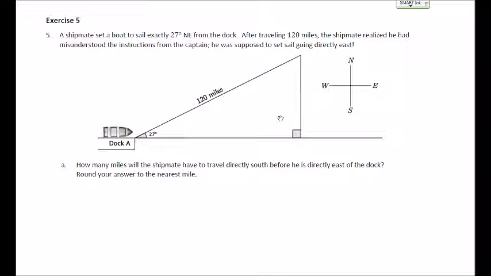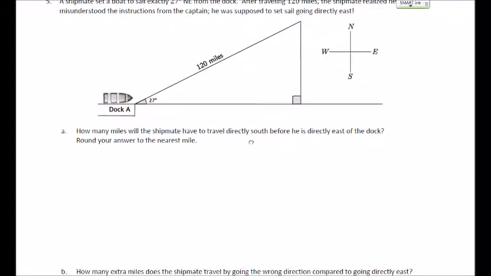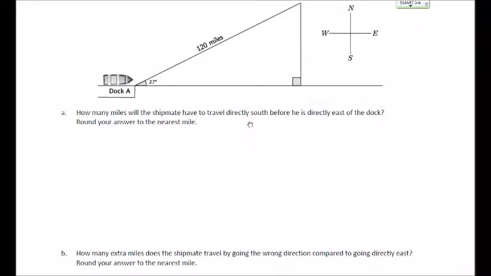He was supposed to set the sail going directly east. That's a pretty big mistake after going 120 miles. Down here we're asked how many miles will the shipmate have to travel directly south before he is directly east of the dock? So I need to figure out what this length is right here. And I know this is 27 degrees.